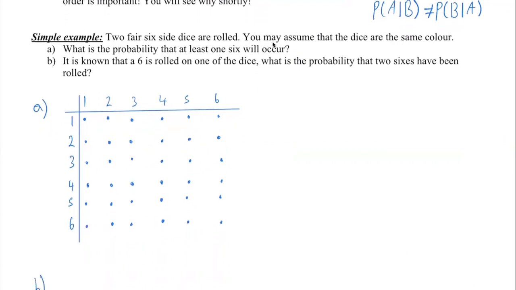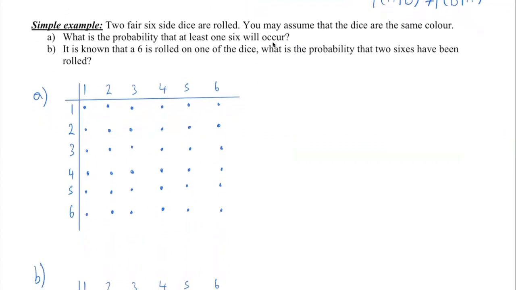So the probability that at least 1 six will occur, well, that means that we're going to have this outcome of having a 6, or we're going to have this outcome of having a 6, okay? So you'll notice in total, the probability of at least 1 six, all right?